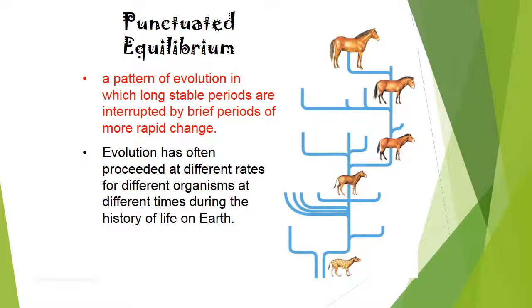And then maybe there was another mass extinction with new habitats and new food sources and new types of environments that they had to adapt to. So that would also account for those points of rapid evolution. So again, punctuated equilibrium is long periods of no change, followed by very short, rapid periods of evolution.